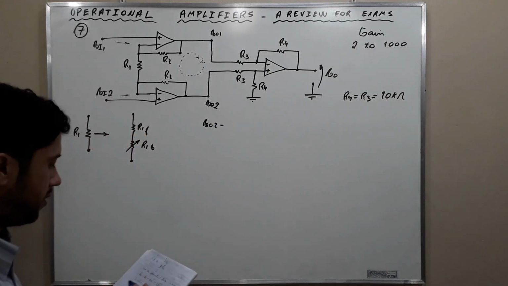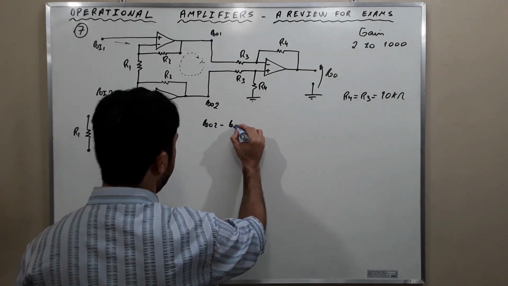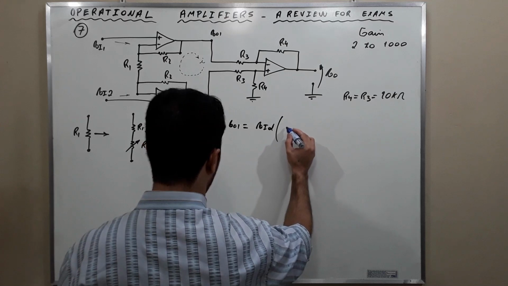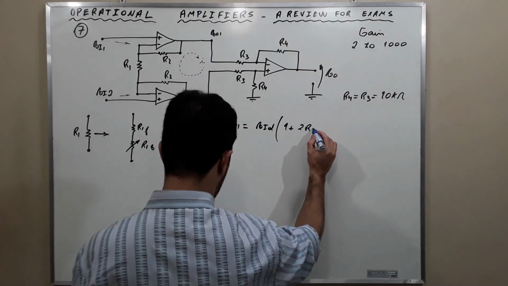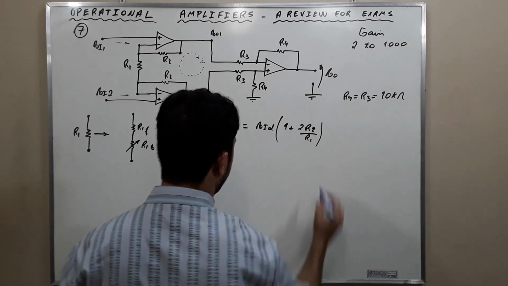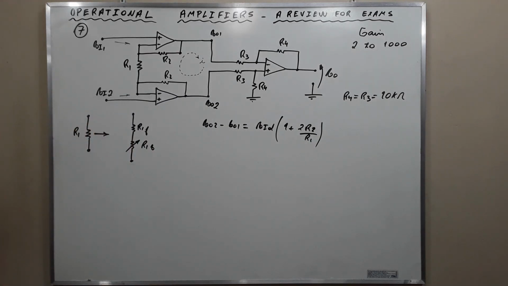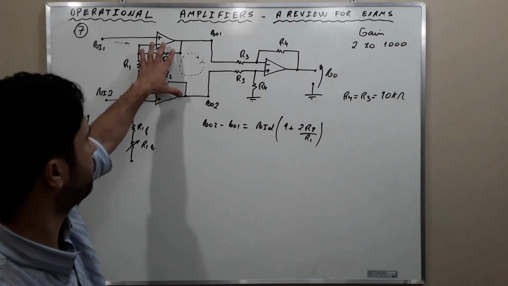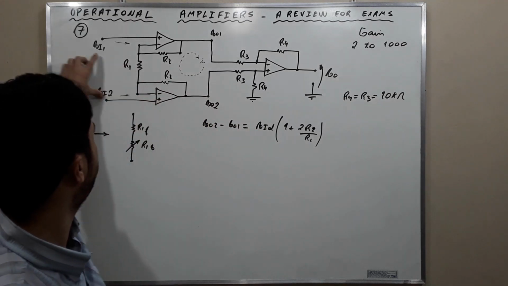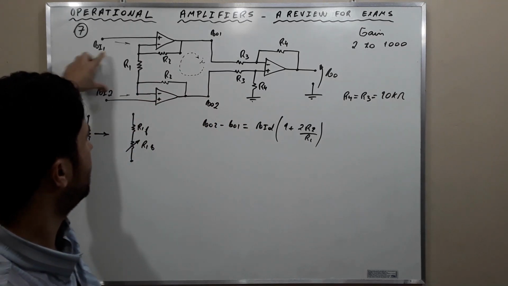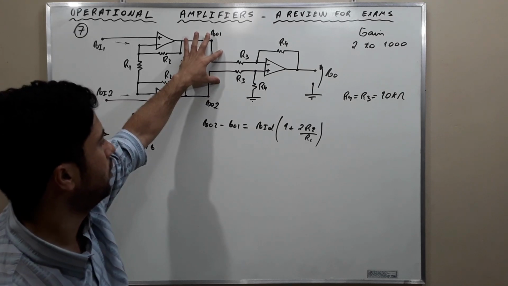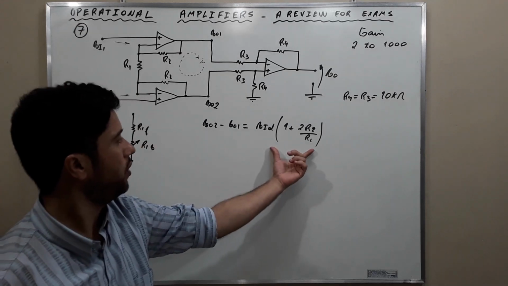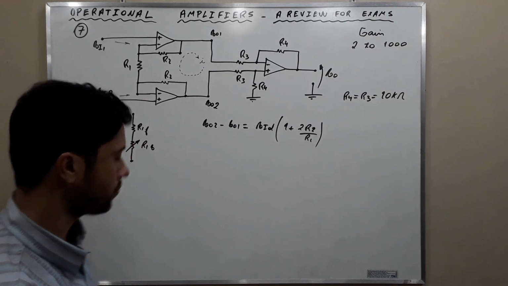From the aforementioned theory, we know that VO2 minus VO1 is equal to VID times 1 plus 2 times R2 over R1. We have just debated this. VID is the difference between these two signals here, and this difference, described with respect to this signal, has this parameter here as the gain.